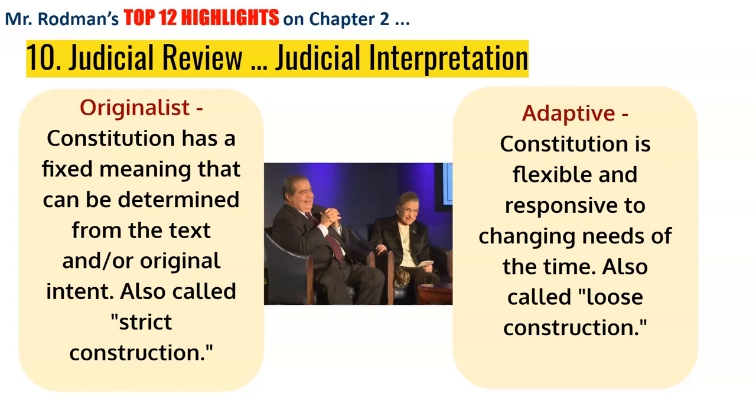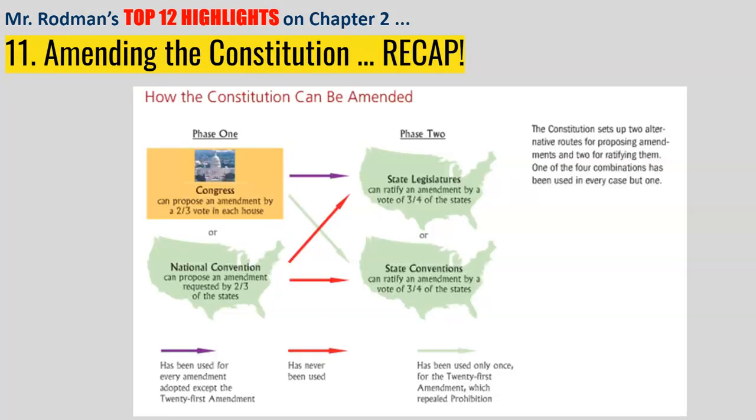Very significant differences in their interpretations on the court. So originalist, more strict constructionist. We see adaptive, more loose construction. And again, depending on the ruling, depending on the case, it can really expand the national government's power or not, depending on the viewpoint and that interpretation.